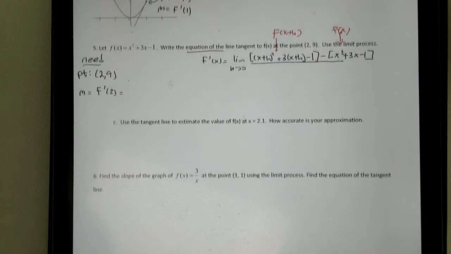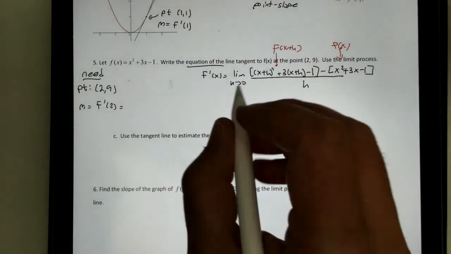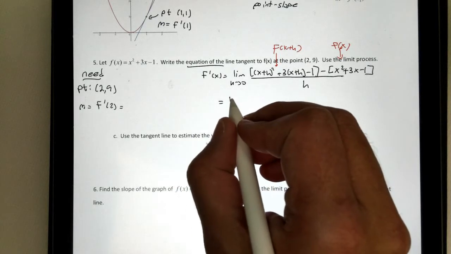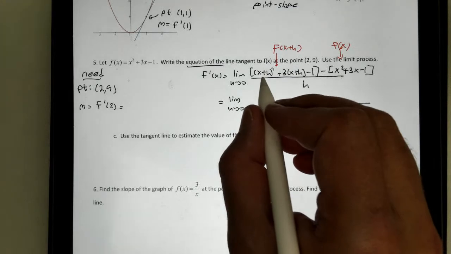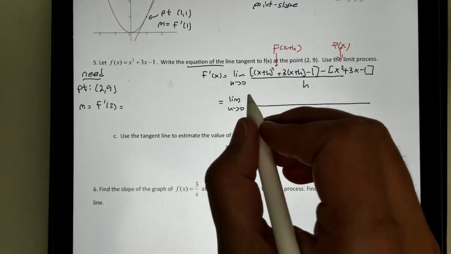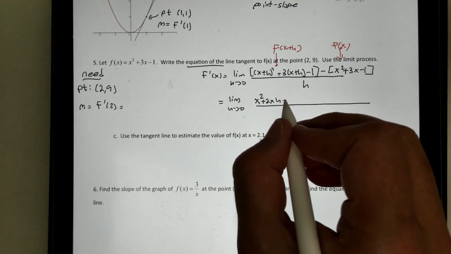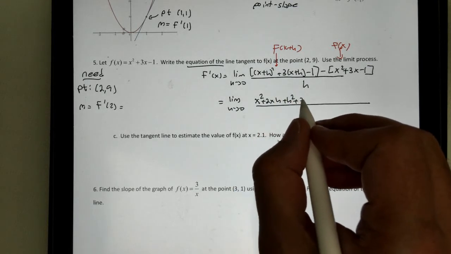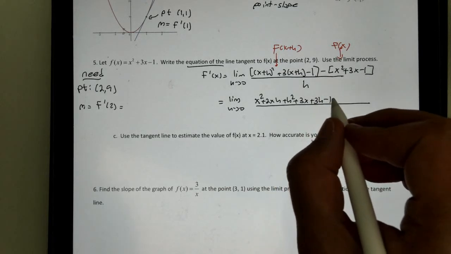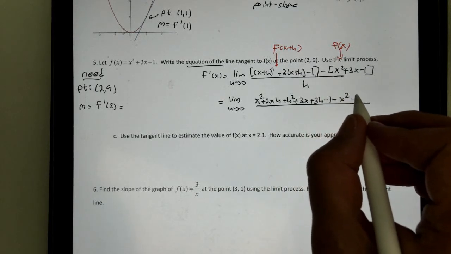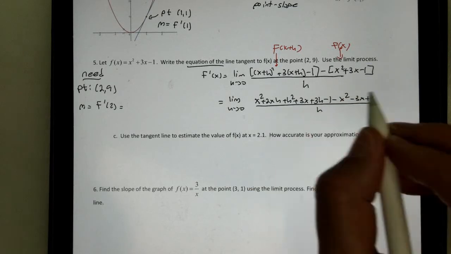All right, so that's where we got all that from. And again, this is all going to be over the letter h. When we expand it, we've already talked a lot about this. We know what x plus h squared is. That just becomes x squared plus 2xh plus h squared plus 3x plus 3h minus 1 minus x squared minus 3x plus 1, over h.